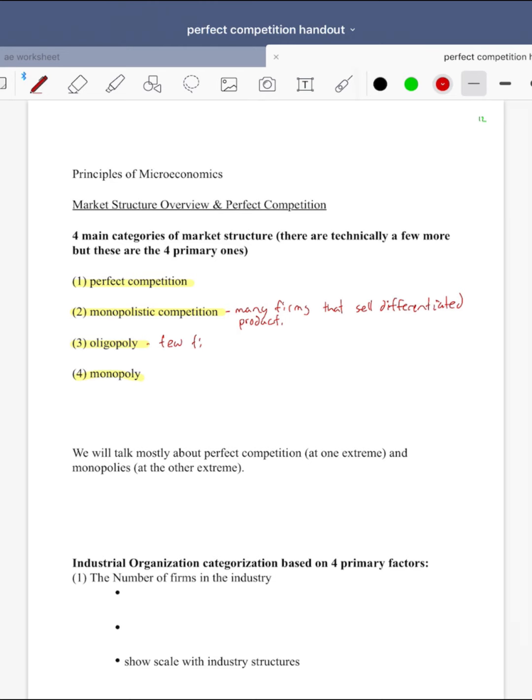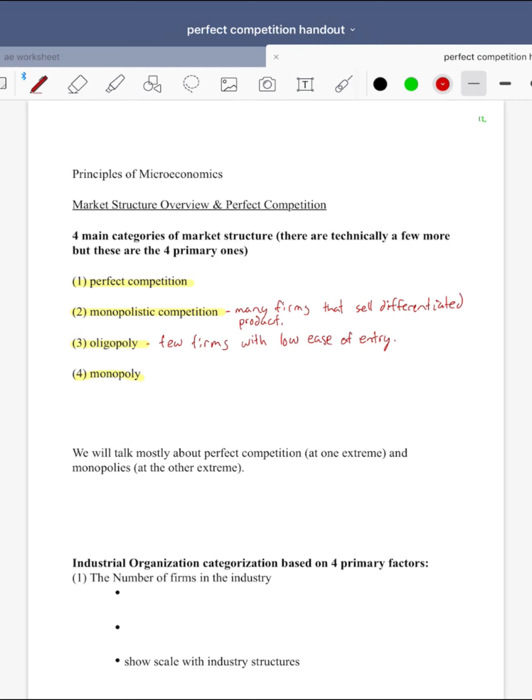We also have oligopolies. Oligopolies means that there are fewer firms that sell identical or differentiated products, but there's low ease of entry, so it's not really easy to get into these markets.